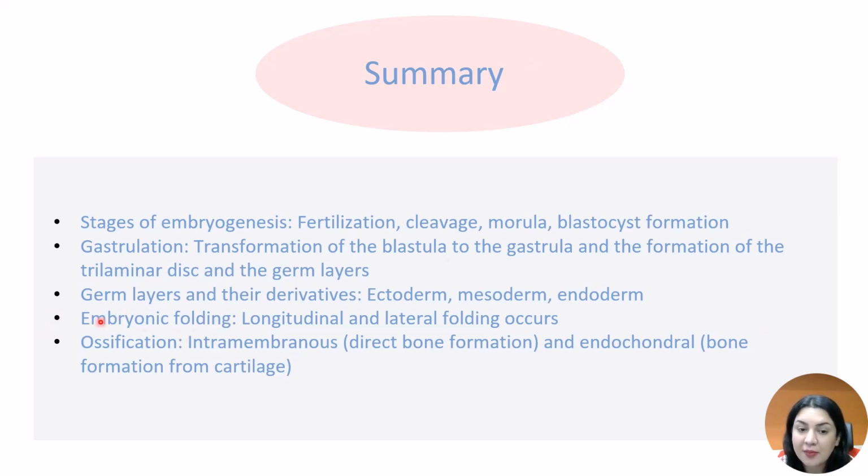Next, we also discussed embryonic folding, which occurs either in the longitudinal plane or in the lateral plane, where we go from being a flat disc of cells to a more cylindrical, three-dimensional shape. We finally wrapped up by talking briefly about ossification, and how intramembranous ossification describes direct bone formation, whilst endochondral ossification describes bone formation first from a cartilaginous model.